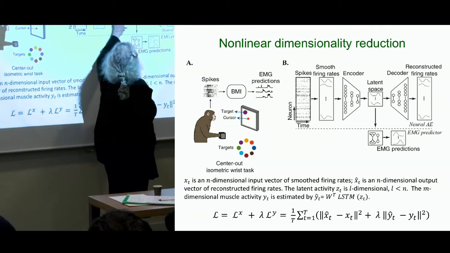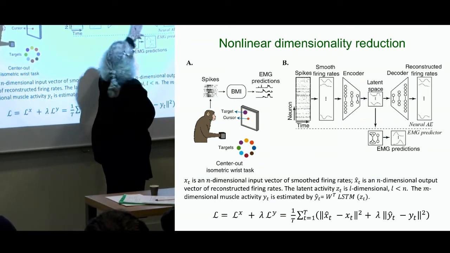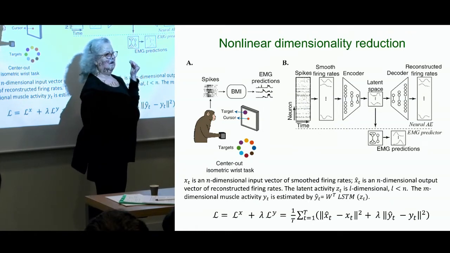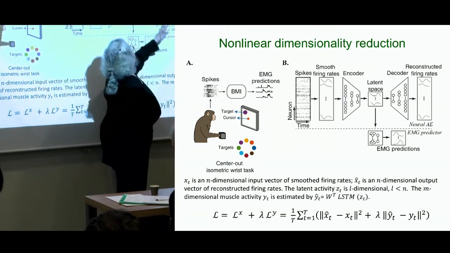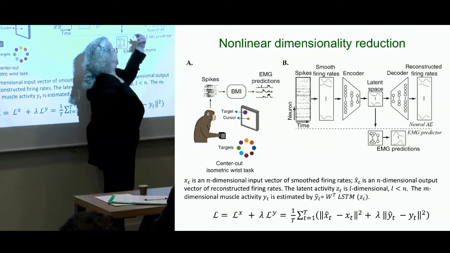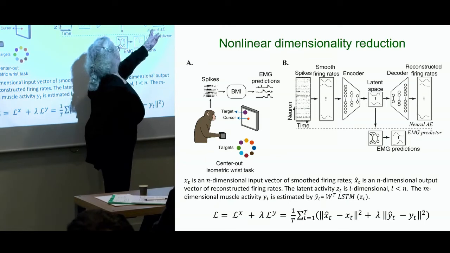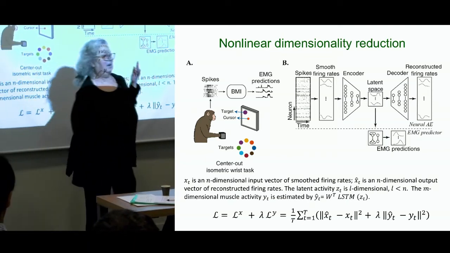So if these layers were not there, this would be equivalent to doing PCA, essentially. If this is a linear combination of this, and this is a linear reconstruction of that, and you ask to minimize the squared error between the reconstructed signals and the input signals, you would be getting principal components.